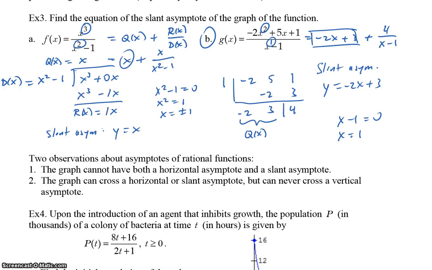It can't cross a vertical asymptote because vertical asymptotes only occur where the function is undefined. So if the function is undefined at a vertical asymptote, then there's no way that you can have a point on the graph associated with the value of x at which the asymptote occurs. So you never see the graph of a rational function cross a vertical asymptote.